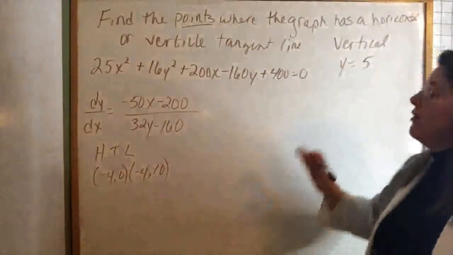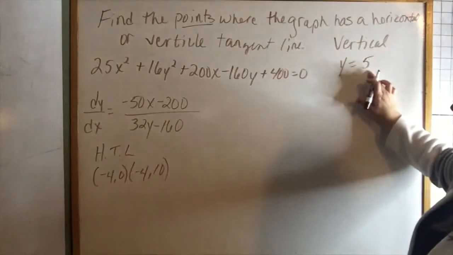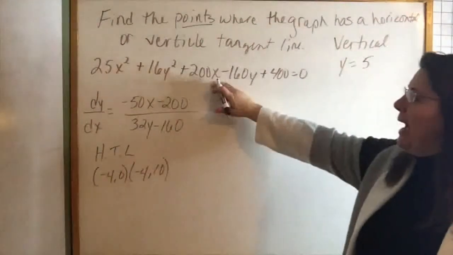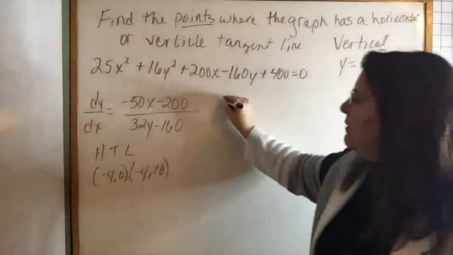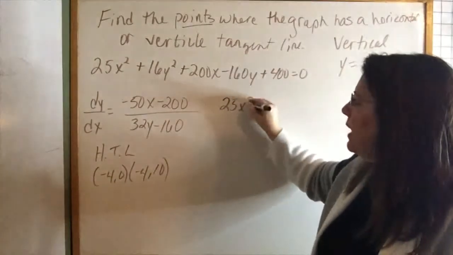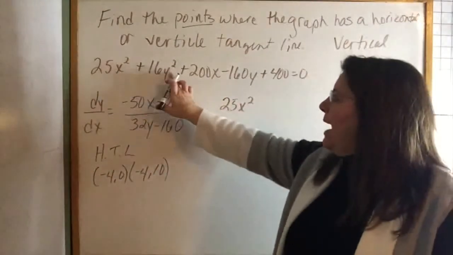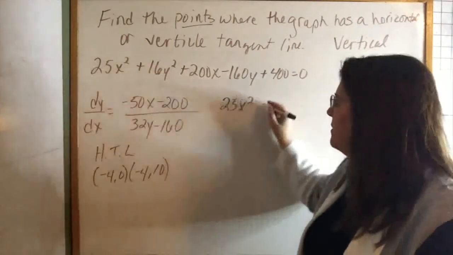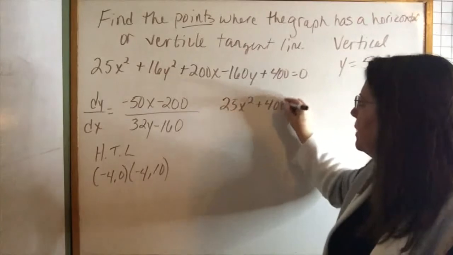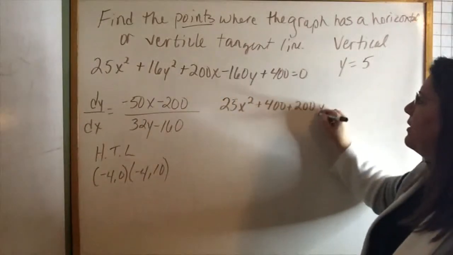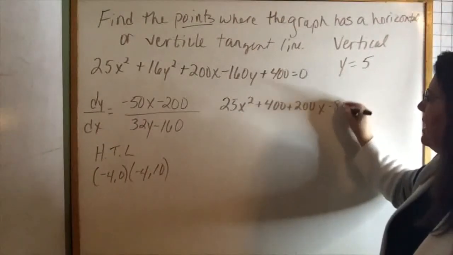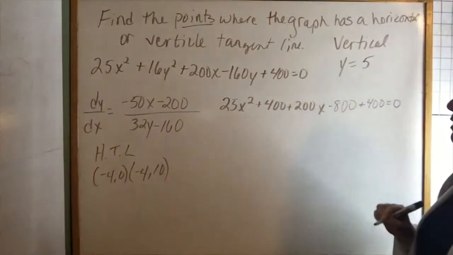We found earlier that we have vertical tangent lines when y equals 5. So we're going to do the same thing. Everywhere there's a y, I'm going to plug 5 in. So I've got 25x squared. y is 5, so 5 squared is 25, and 25 times 16 is 400. Plus 200x, negative 160 times 5 is negative 800, plus 400 equals 0.